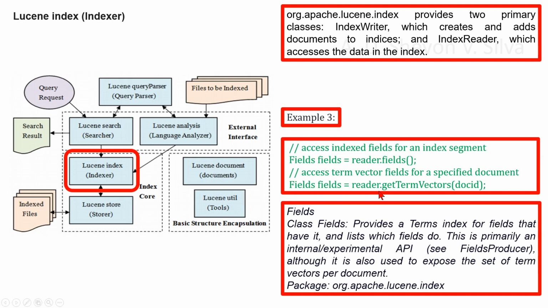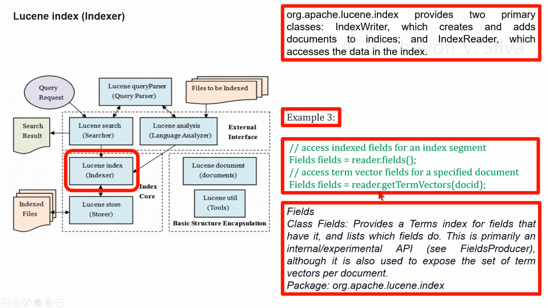When you need to reopen to see changes in the index, it's best to use DirectoryReader.openIfChanged, since the new reader will share resources with the previous one when possible. Search of an index is done entirely through this abstract interface, so that any subclass which implements it is searchable.